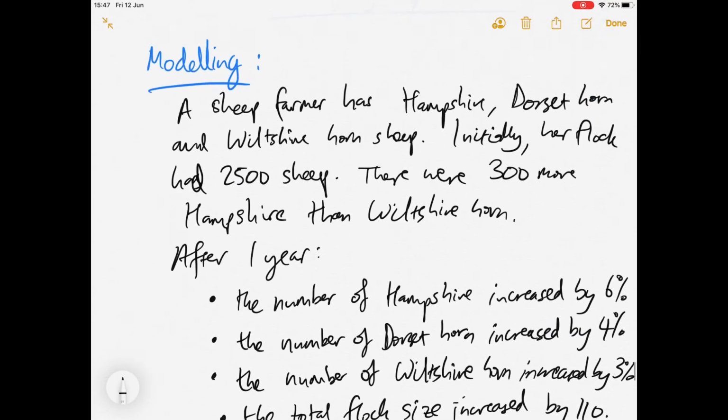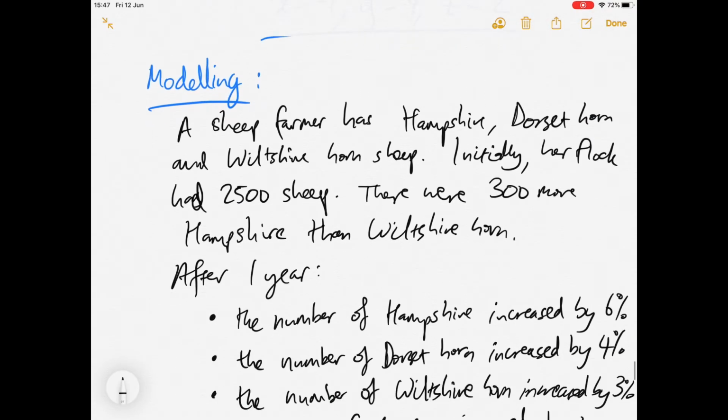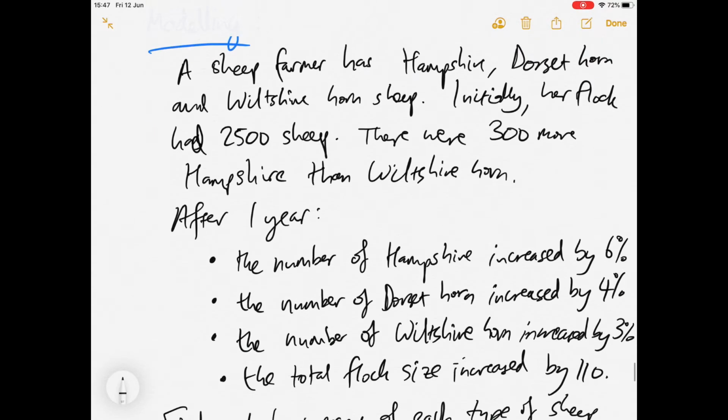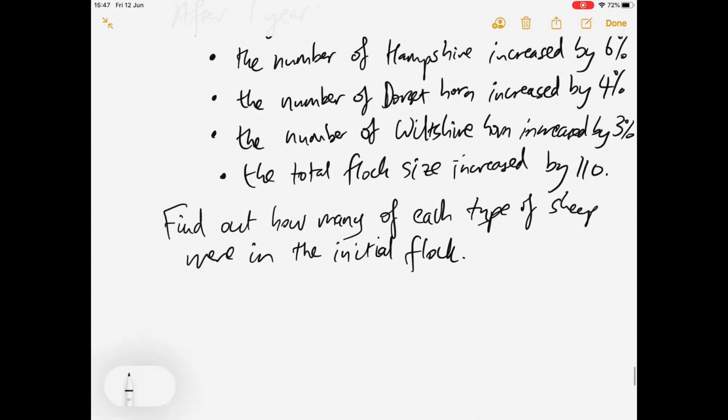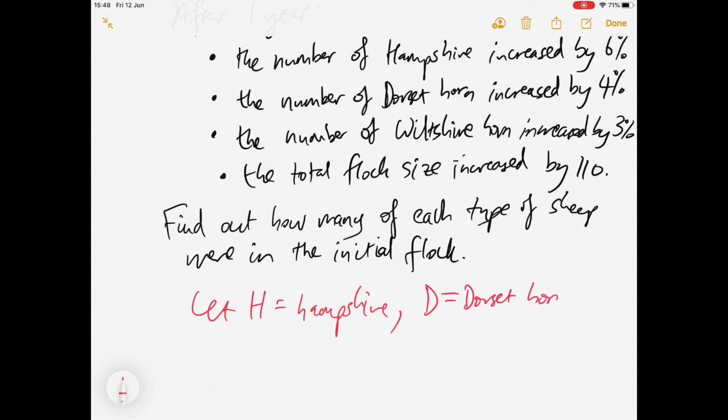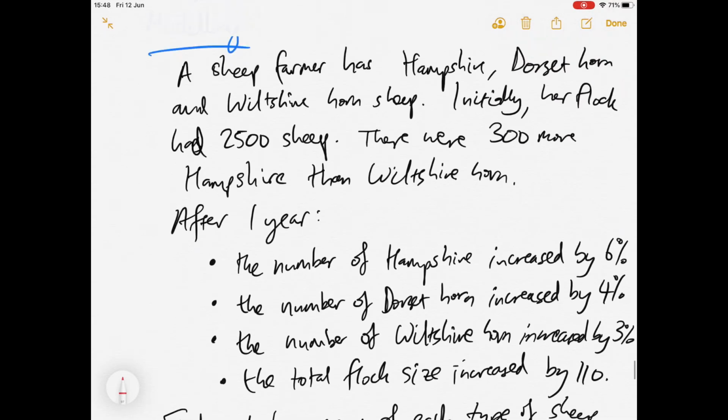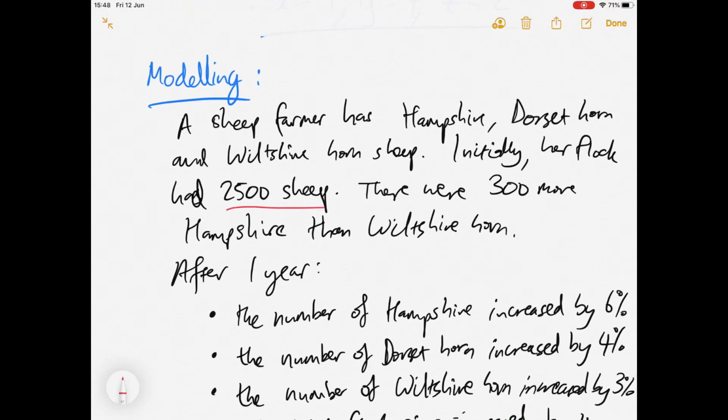So we need to form a matrix equation. We need to form a system of linear equations. So if I let H be the number of Hampshire initially, D be the number of Dorset horn, and W be the number of Wiltshire horn initially, then we know initially there were 2,500 in total.